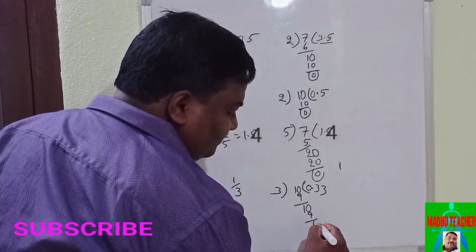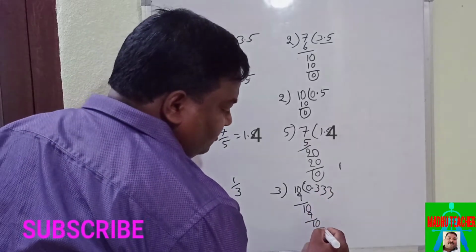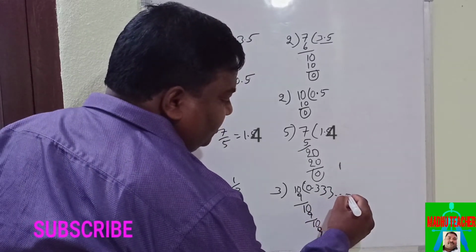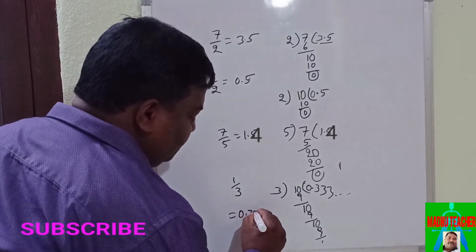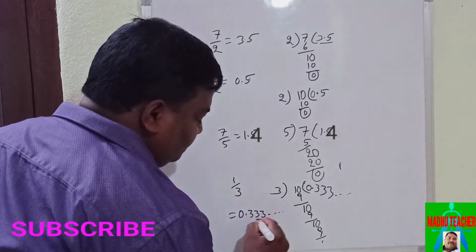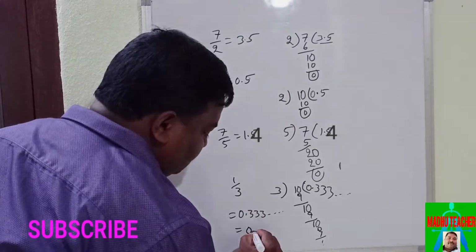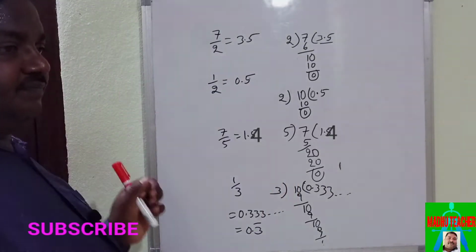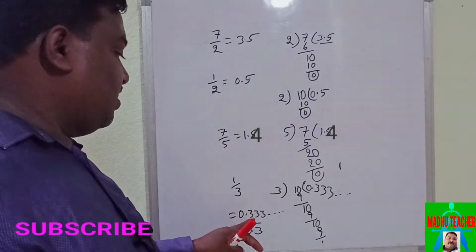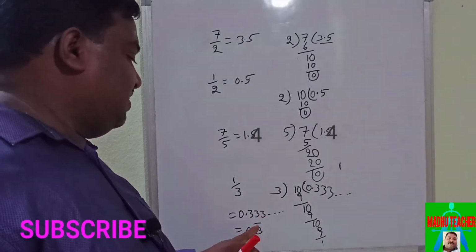We get 1 again, so one more 0, and 3 3s are 9. Like this, 3 is repeating. What we got is 0.3333 and so on. This repeating decimal we can write as 0.3 bar. This recurring or repeating decimal we can write as 3 bar.